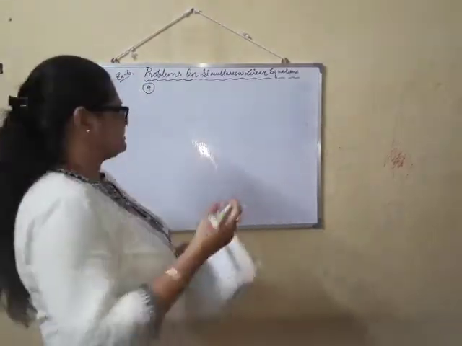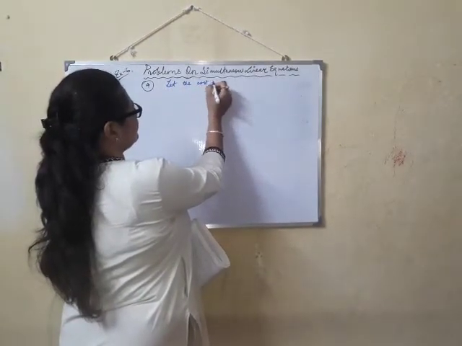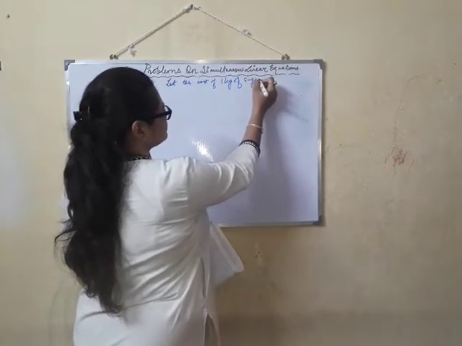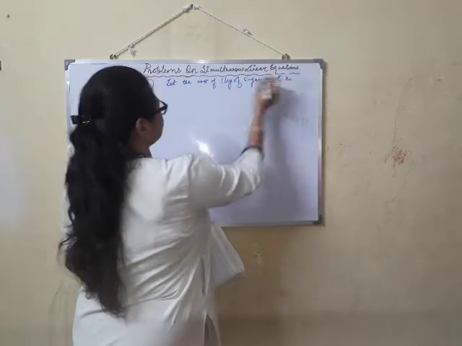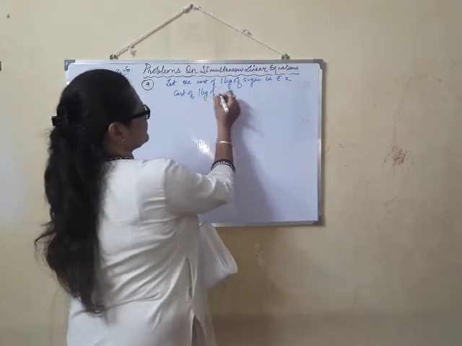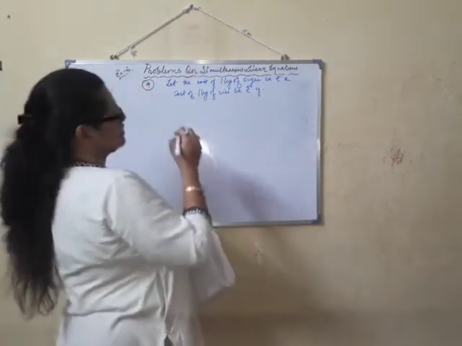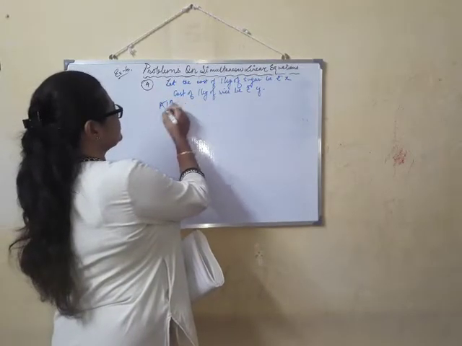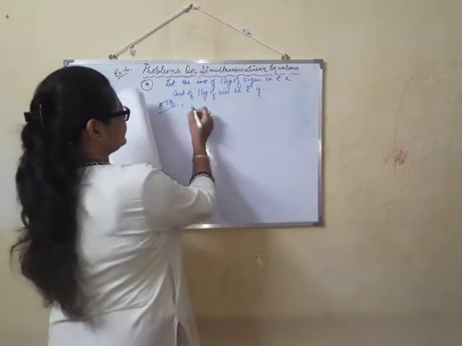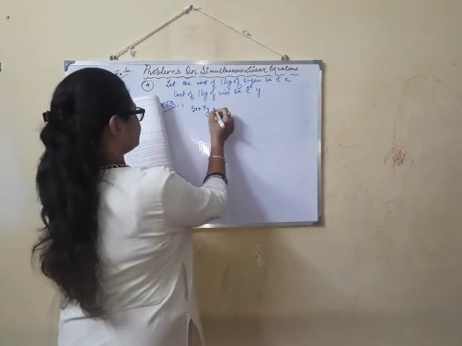So what we do in this case is that we take, let the cost of 1 kg of sugar be rupees X and the cost of 1 kg of rice be rupees Y. So the two conditions which are given to us according to the question, we can state that 5 kg of sugar, that means 5x, plus 7 kg of rice, that means 7y, is equal to 153.